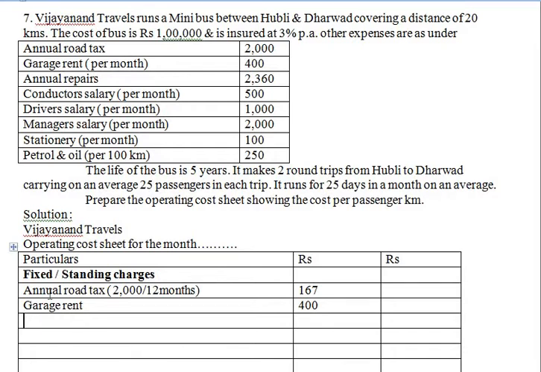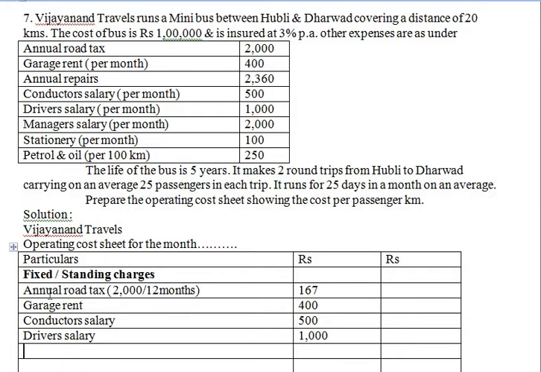Annual repairs, this we are going to take it for the second point. Next is conductor salary. Per month they have given 500. Okay. Next, driver's salary per month. Driver's salary per month is 1000.